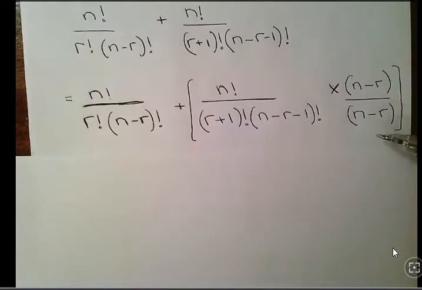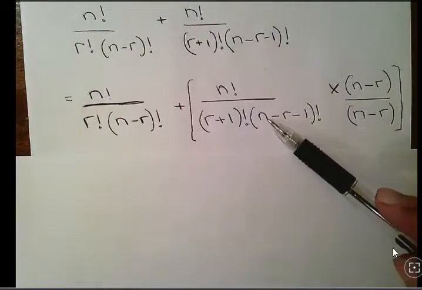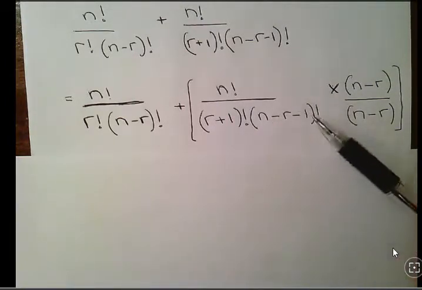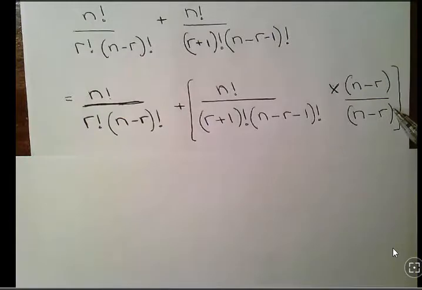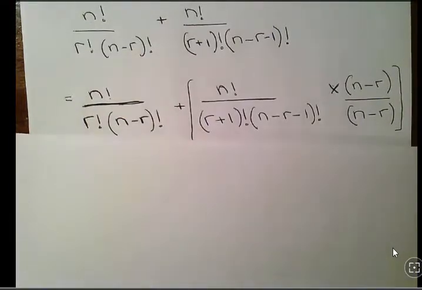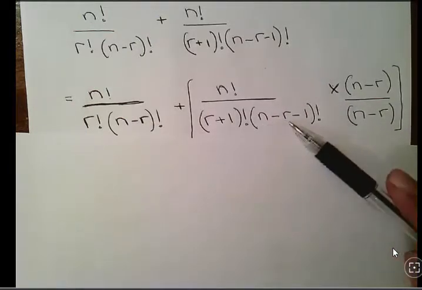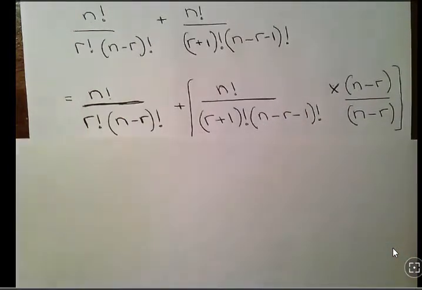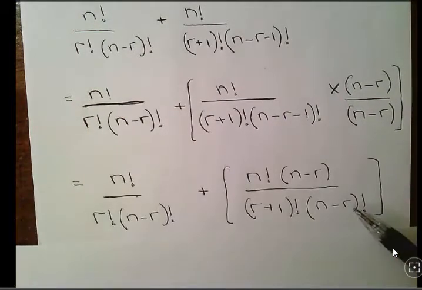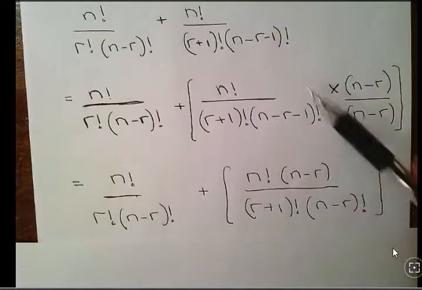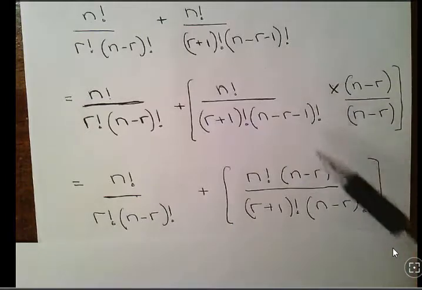So n minus r times n factorial, nothing really happens there. The key thing that happens is if we multiply n minus r minus 1 factorial by n minus r, we get n minus r factorial.